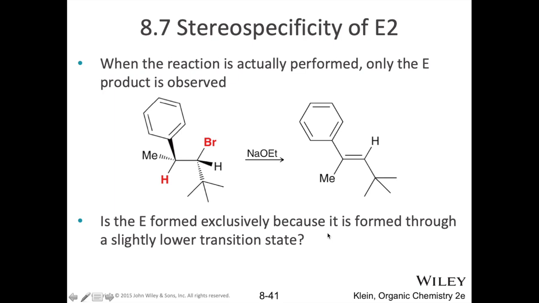It turns out, for example in this example here, we wind up seeing only the E product. Remember, you can freely rotate around this carbon-carbon single bond, but instead of getting a mixture of products, cis and trans, we wind up getting exclusively this one.